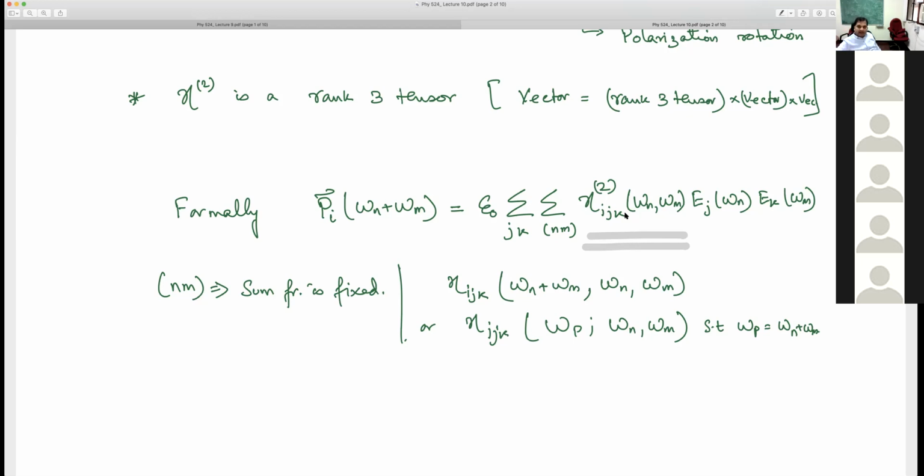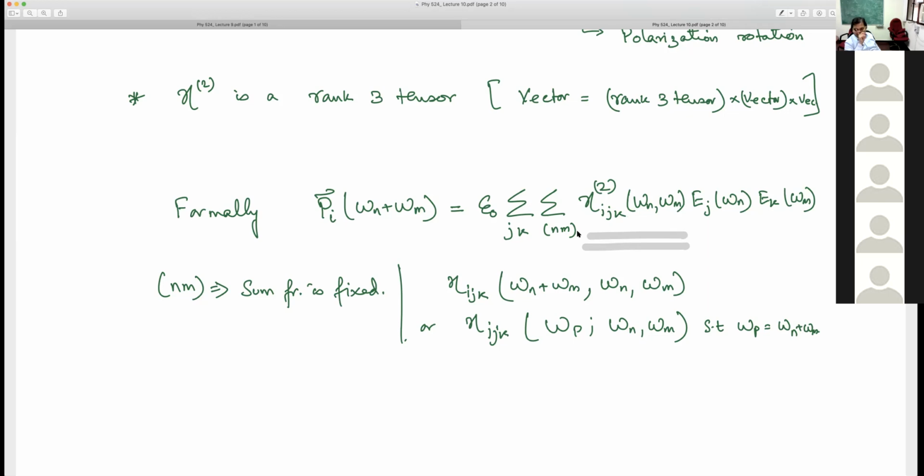And here J and K, of course, are dummy indices. So it's just like a matrix multiplication. So I am ultimately interested in the I component. So the J and K are summed over, etc. That is number one. And the n and m are also summed over with some constraint, actually. So the bracket shows that the n and m will be summed over such that omega n plus omega m always remains constant. Okay. So with that constraint, this is how it is written.